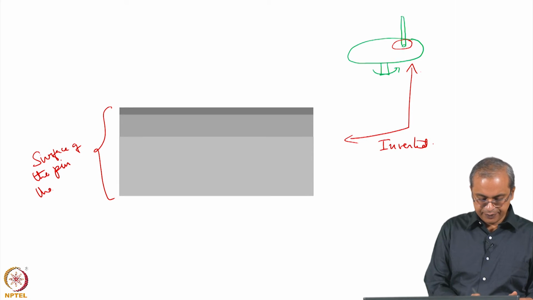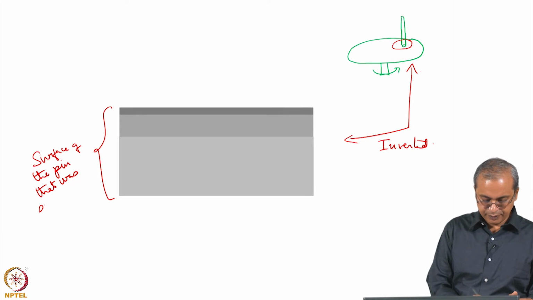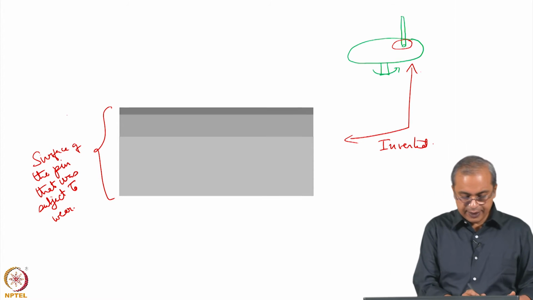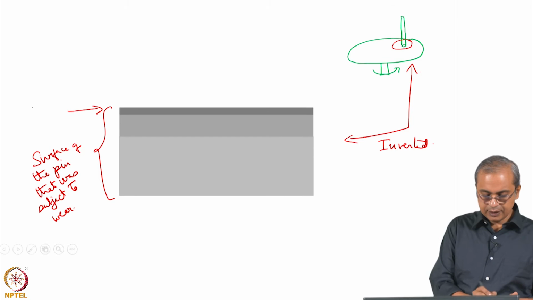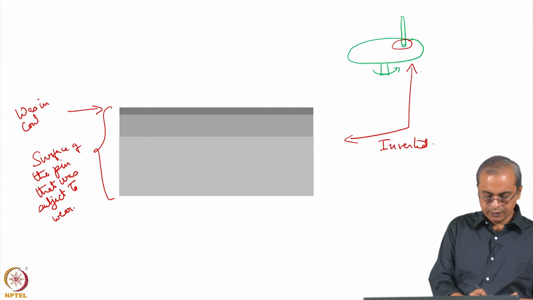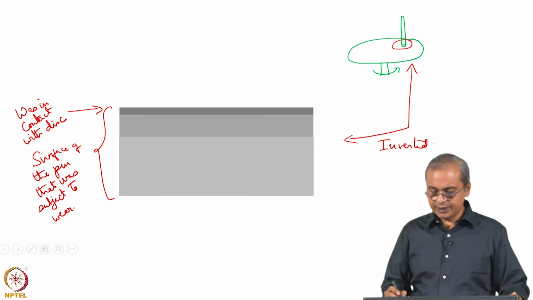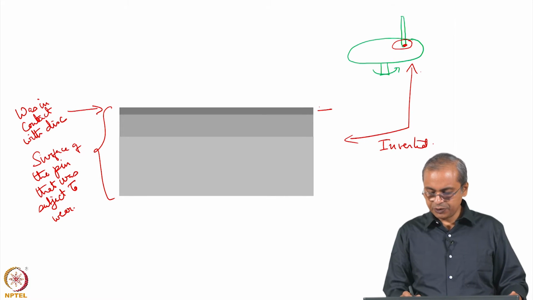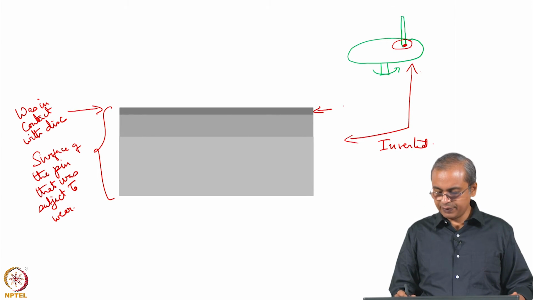This top layer was in contact with the disc. So, this region which was in contact with the disc is the topmost layer that you see here, in contact with the disc.